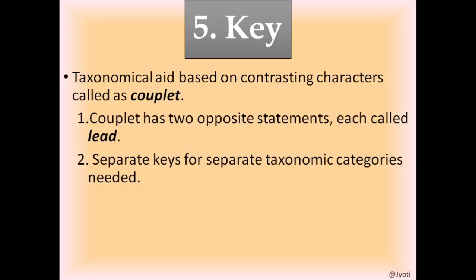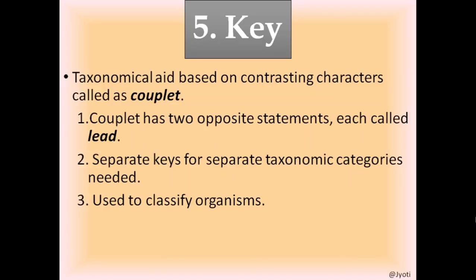For different categories, suppose I have to identify a mammal, a reptile, and so on. Under mammals there are different types, primates and non-primates. So there is a separate key for mammals, a separate key for reptiles, or sometimes a separate key for all chordates. Different types of keys are there. Key is not a small topic, it is a very big topic, but I am discussing only what is suitable for your level.